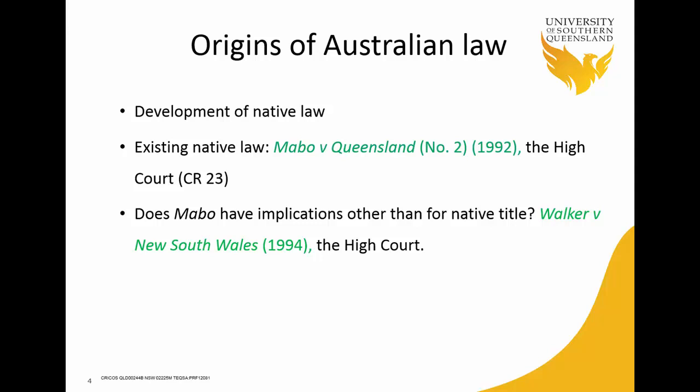Then we come to a case called Milirrpum, or the Gove Land Rights case, also on page 22. This case was brought on behalf of the Yolngu people, the traditional owners of the Gove Peninsula in Arnhem Land.